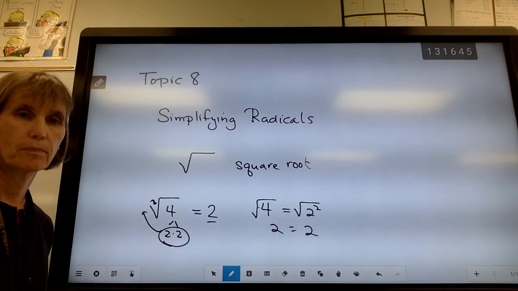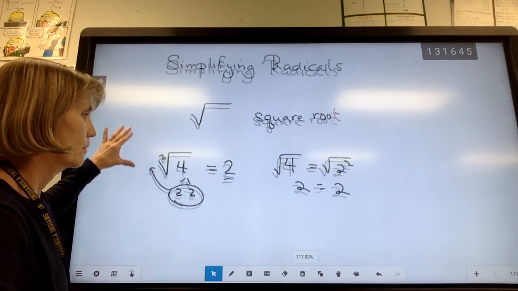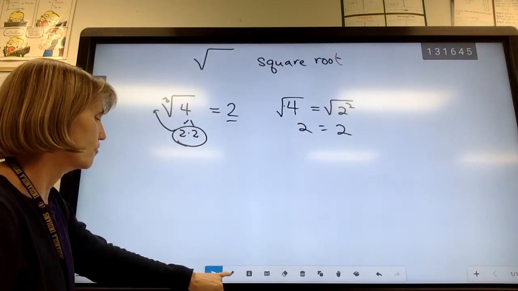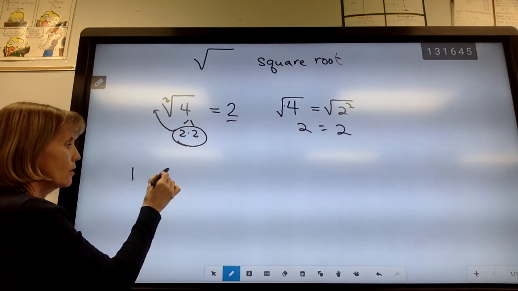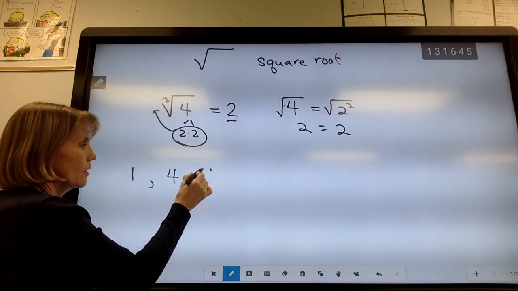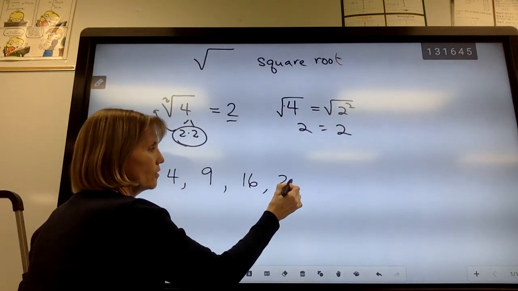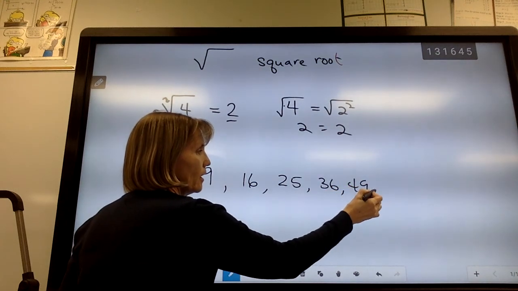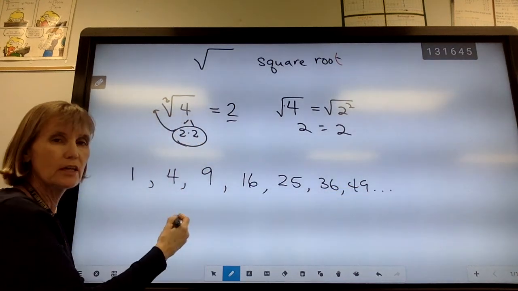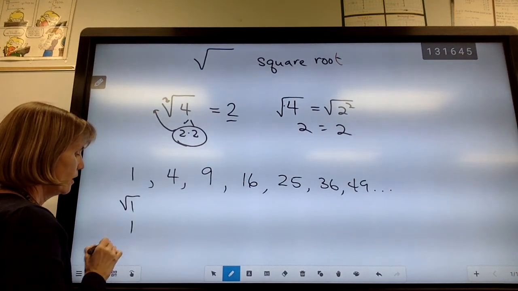So numbers that have nice square roots, we call these numbers perfect squares. 1 is a perfect square, 4 is a perfect square, 9 is a perfect square, 16, 25, 36, 49, and so forth. We call these perfect squares because I can take the square root of 1 and get 1.